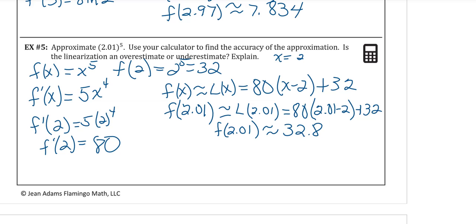So we need the actual value, and then we need to decide if it's an overestimation or an underestimation. So putting 2.01 to the fifth power into my calculator, I can find my error by taking the absolute value of f of 2.01 and subtracting from it my approximation.